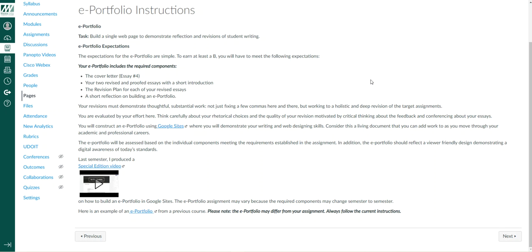Think about your rhetorical choices, quality of your revisions about your particular essays. We'll use Google Sites, where you will just demonstrate your writing and web designing skills. Consider this a living document that you can add work to as you move through your academic and professional careers.